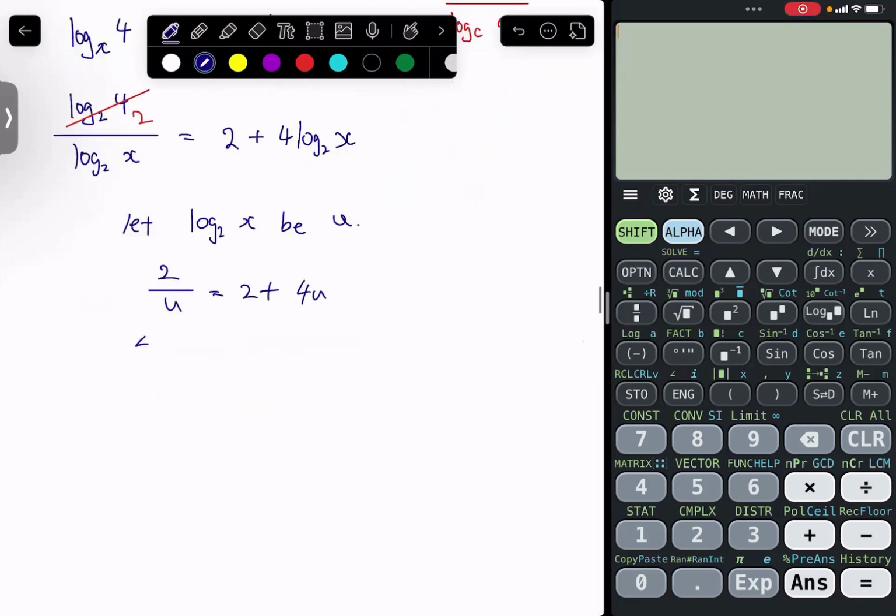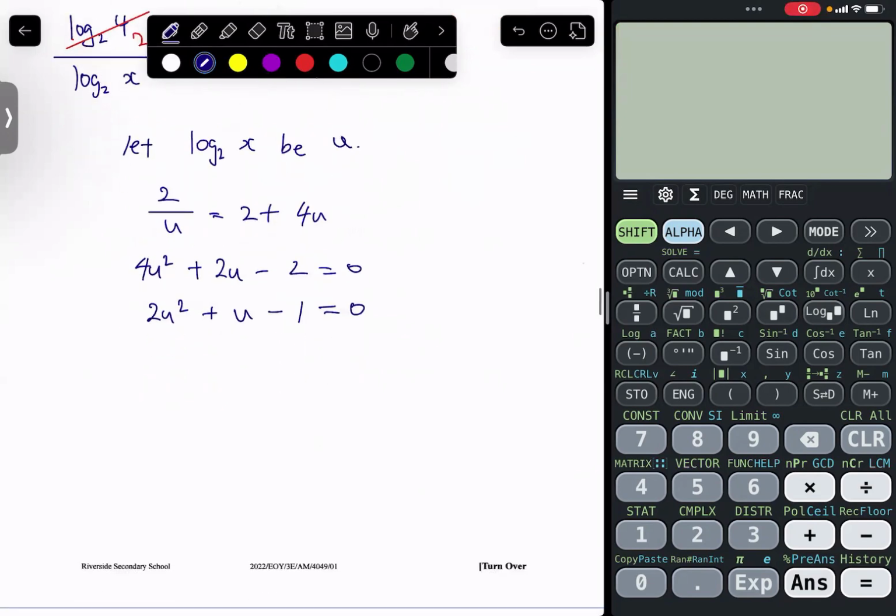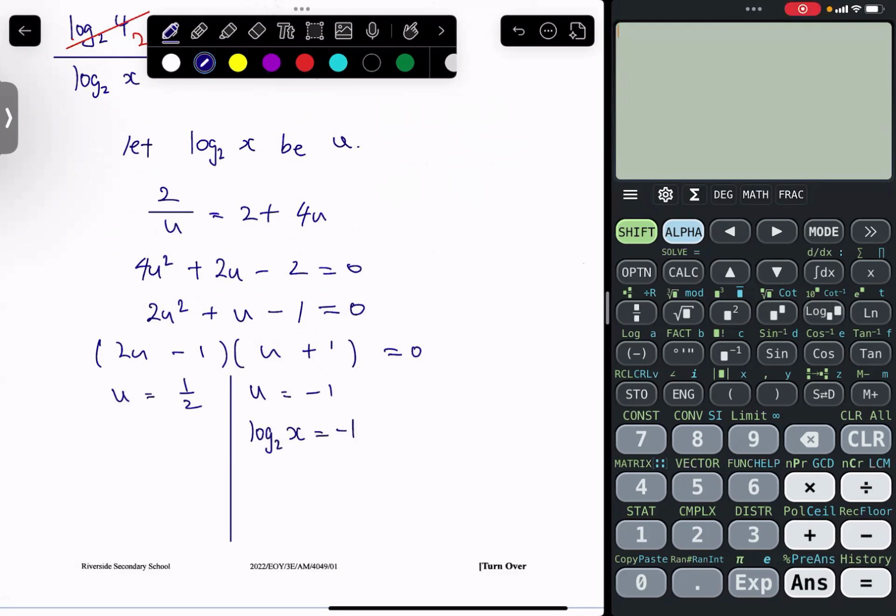So 4u squared plus 2u minus 2 equals 0. 2u squared plus u minus 1 equals 0. Factorize: (2u minus 1)(u plus 1) equals 0. So u equals negative 1 or u equals half. So log base 2 of x equals negative 1 or log base 2 of x equals half. So x equals 2 to the power of half or x equals 2 to the power of negative 1. So it's half or square root 2.